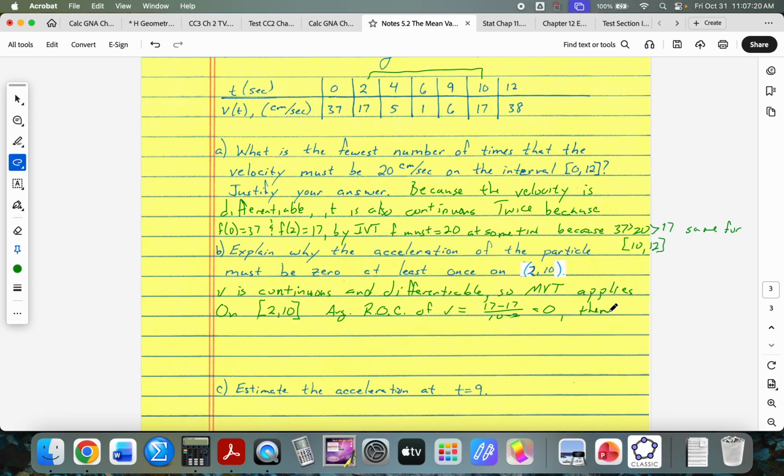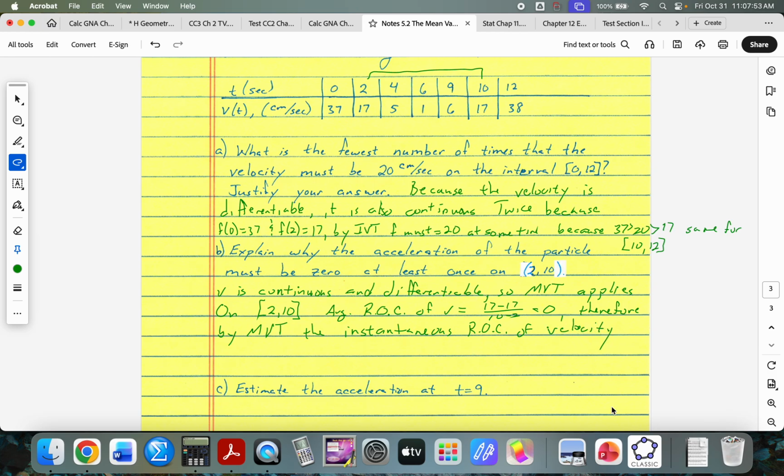Therefore, by the mean value theorem, the instantaneous rate of change of the function that we're looking at, which is velocity.